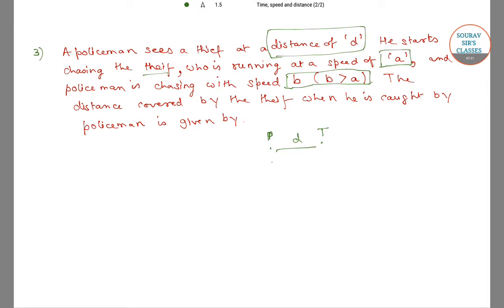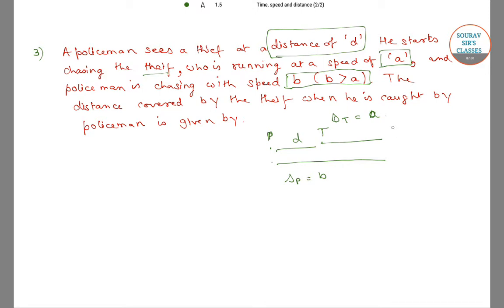So now the thief is running with the speed of a, that is st is equal to a, and policeman is running with the speed of b, that is sp is equal to b, where b is greater than a.